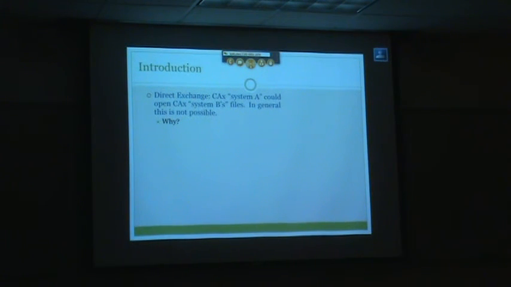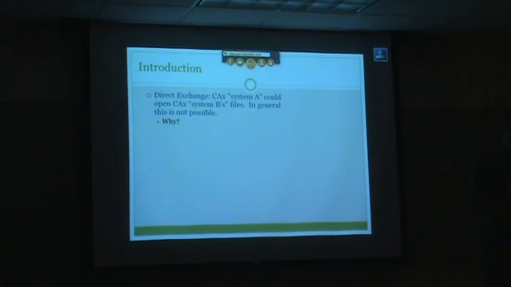When we talk about doing a direct exchange, we mean moving a part from system A to system B. In general, it's not possible, and the reason is the difference of the underlying kernel. Can I move a file from NX to Solid Edge or to SolidWorks? I could, because the underlying kernel is the same.